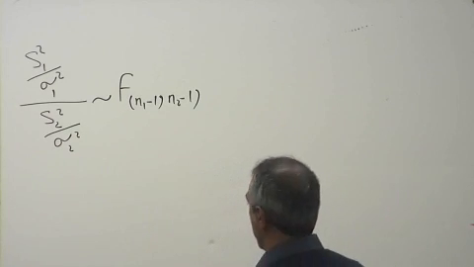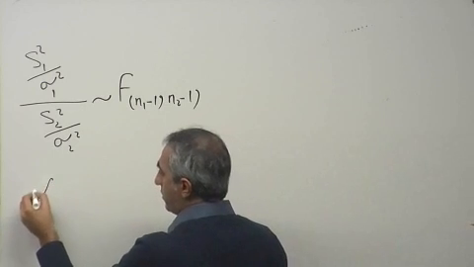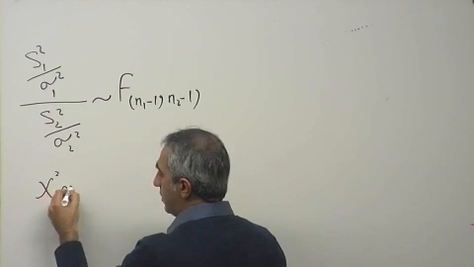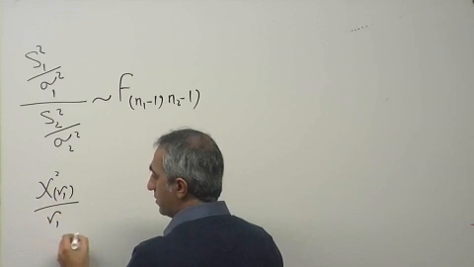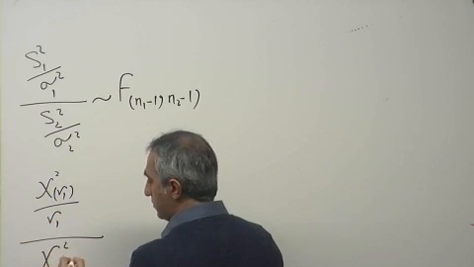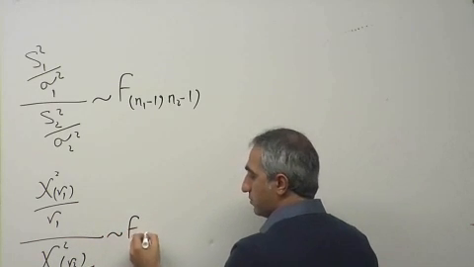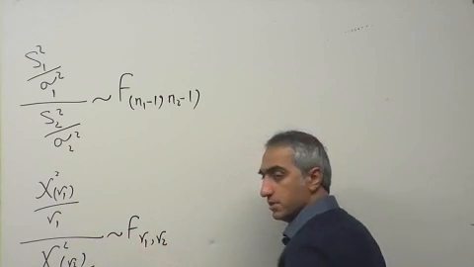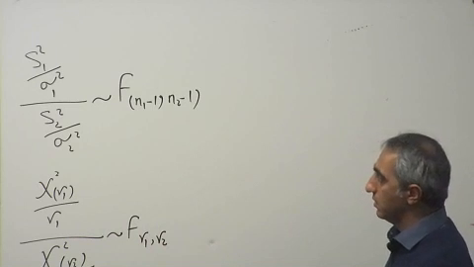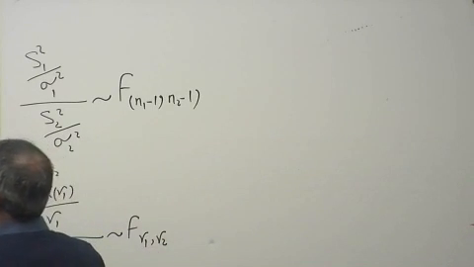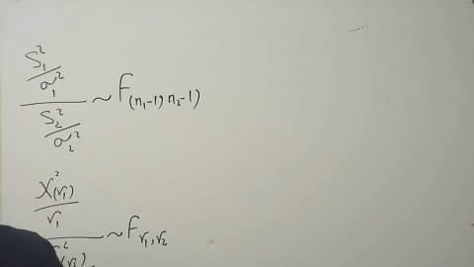So if I have one chi squared with nu 1 degrees of freedom divided by nu 1, and another chi squared with nu 2 degrees of freedom divided by nu 2, this is an F distribution with nu 1 and nu 2 degrees of freedom. I'm going to do the same thing here. I'm just going to erase that part.